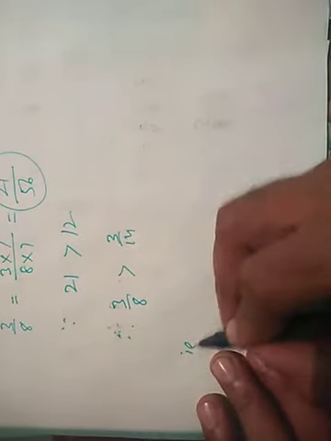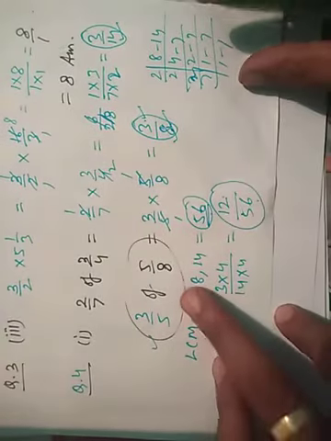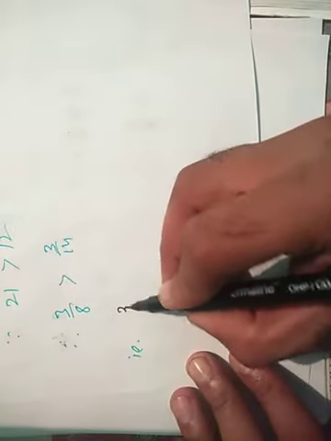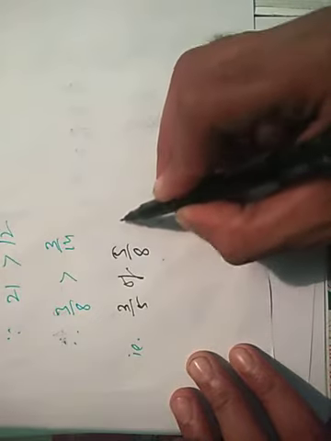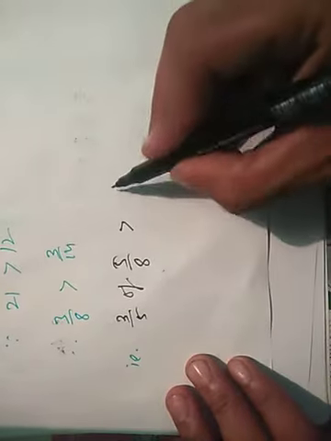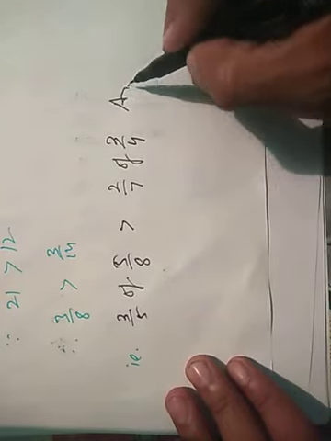That is 3 upon 8, हमारा किसका रिजल्ट था, 3 upon 8 रिजल्ट था हमारा 3 upon 5 of 5 upon 8. So it will be 3 upon 5 of 5 upon 8 is greater than 2 upon 7 of 3 by 4. This is the answer.